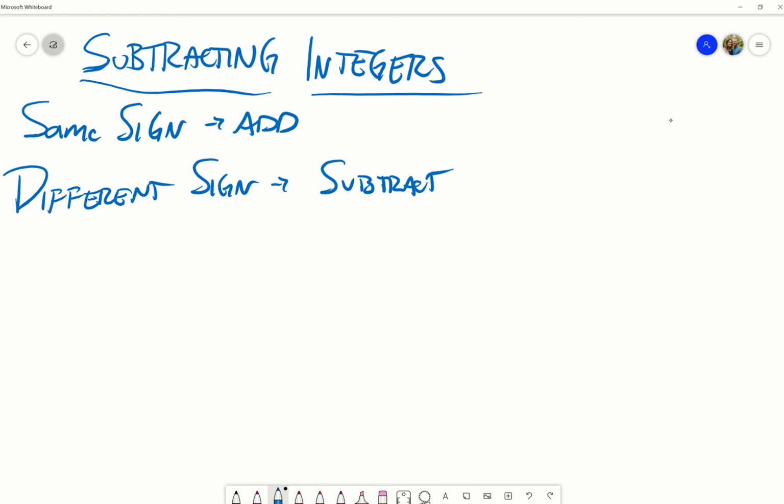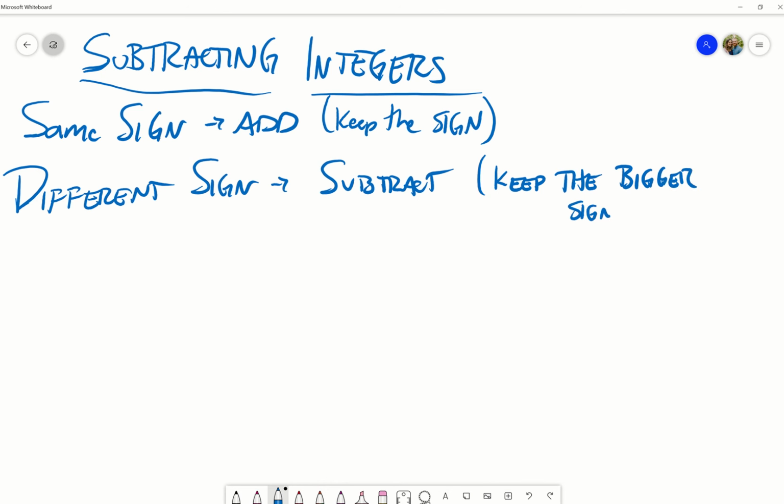And then with same signs we add and we keep the sign, and different signs we subtract and we keep the bigger sign. Okay, so those are our rules for adding, okay?